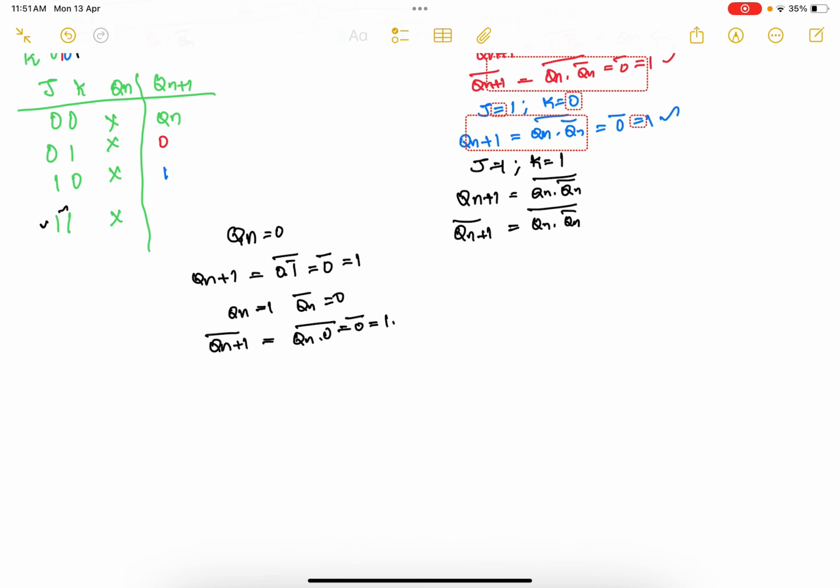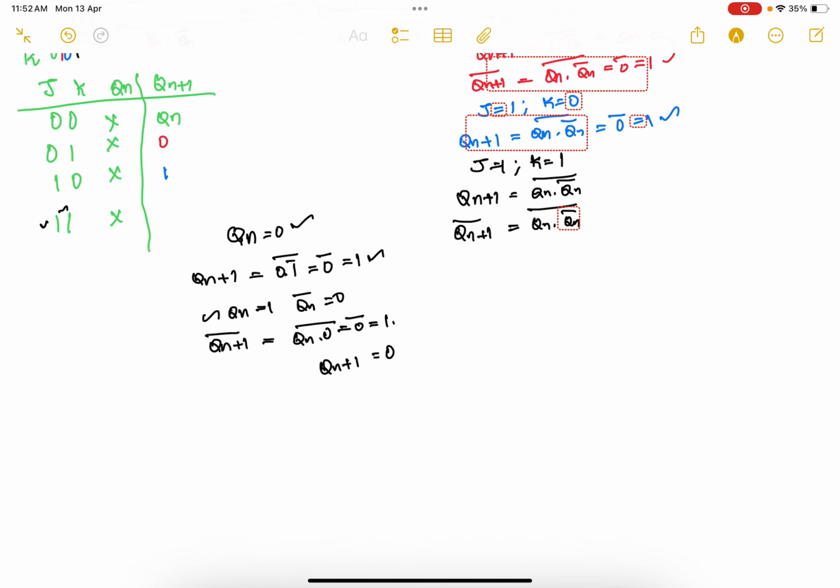Okay, when it becomes 1, when qn equal to 0, if the present state is 0, the next state is becoming 1. Okay, if the present state is 1, which means that your qn plus 1 bar is becoming 1, what will be my qn plus 1?